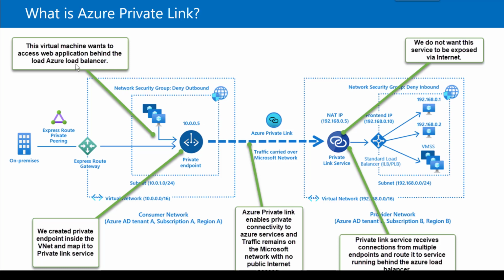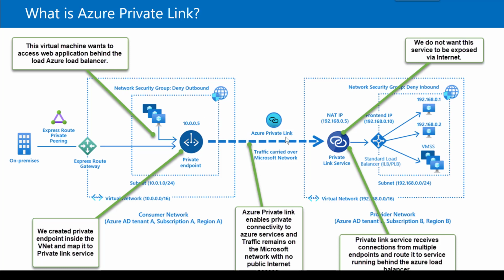Okay, so this virtual machine wants to access the web application behind the Azure load balancer, and we already created a private endpoint. That means we already created a network interface. Now when we create a network interface, what happens? We'll create a private link.